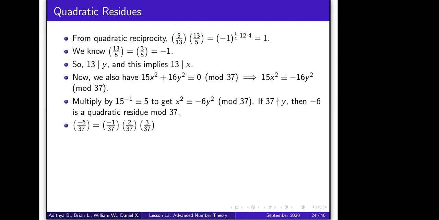Can someone say what negative 1 over 37 is? Right, so 37 is 1 mod 4, so negative 1 is a quadratic residue. How about 2 over 37?